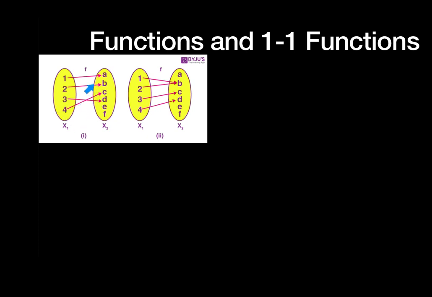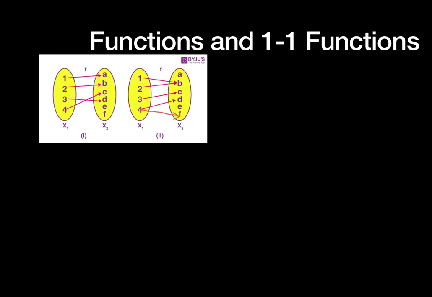This would be considered a function. 1 maps to b, 2 maps to b, also a function. What would make it not a function is if I have 4 here mapping also to f. The minute 4 maps to d and 4 maps also to f, this is no longer a function.